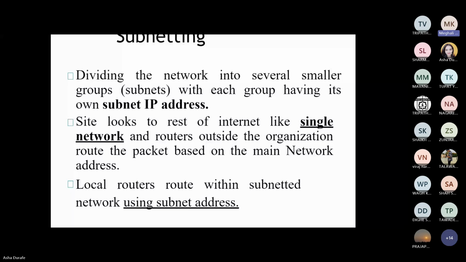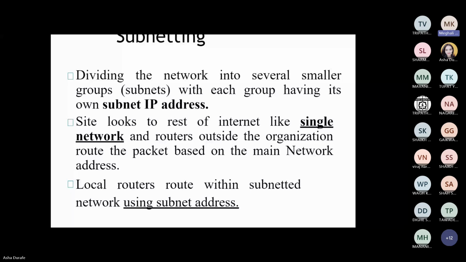So dividing the network into several smaller networks, which are called subnets, with each group having its own subnet IP address, so that you can share the IP address among a large number of users. Here, the rest of the internet looks like a single network, and the routers inside and outside the organization route the packet based on the main network address.